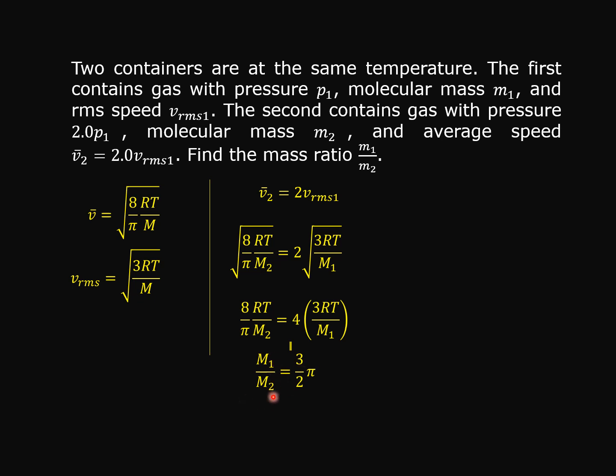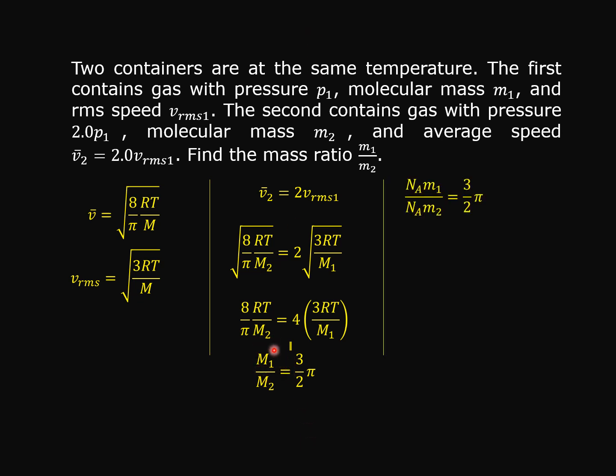But this capital M1 over M2 is the molar mass. What we want to find is the small m1 over small m2, which is the ratio of the molecular masses between the two gases. So this is not the answer that we want.